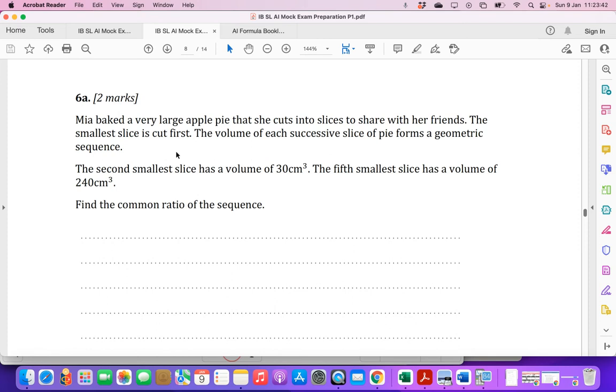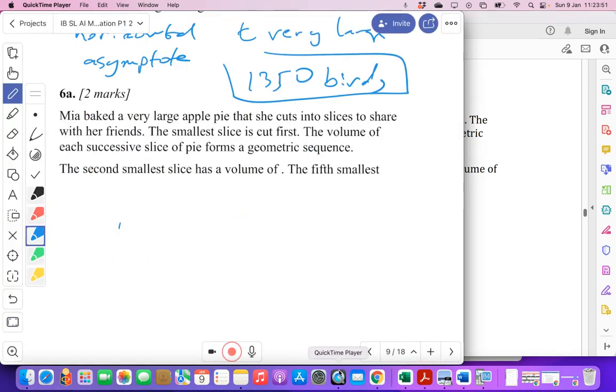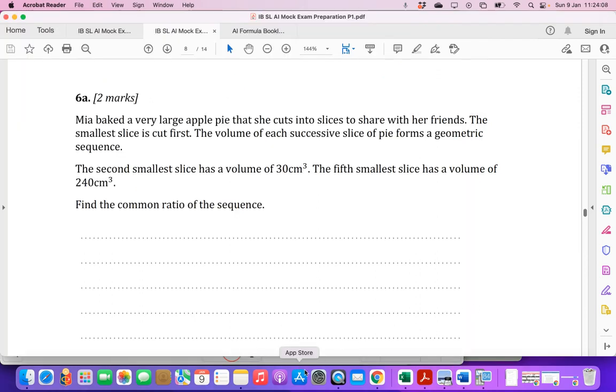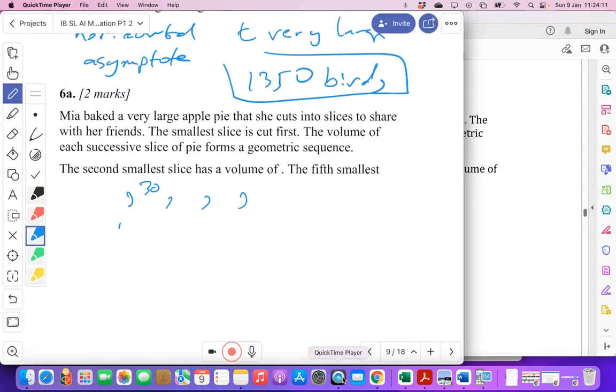So each time it's going to be multiplied by the ratio of the sequence, r. So we don't know the first one. The second one is 30. Third, fourth, fifth is, what do we say, 240? Yeah, 240. So each time it's being multiplied by r.